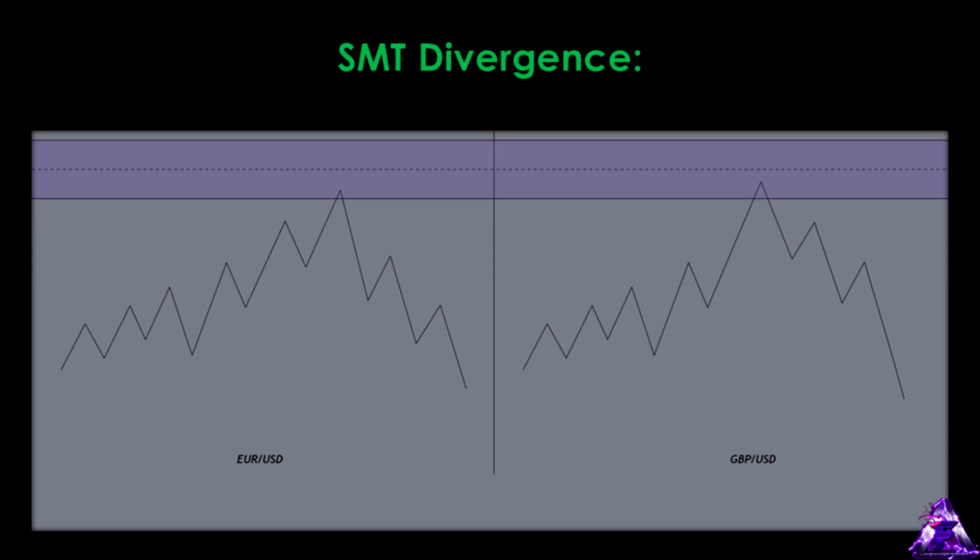The first example we have here is between the euro versus the US dollar and the Great British Pound versus the US dollar. We've got the EU chart on the left and the GU chart on the right. You can see that both were moving in complete symmetry until they reached close to a key level, specifically a higher time frame key level.